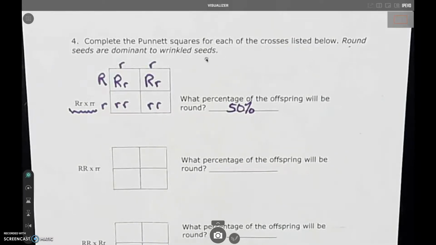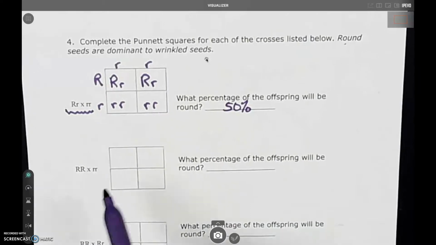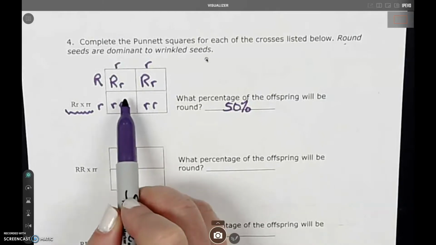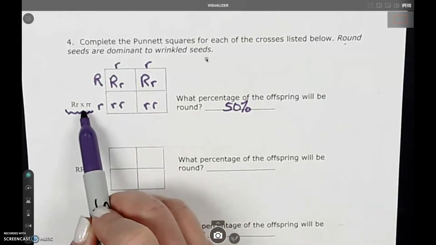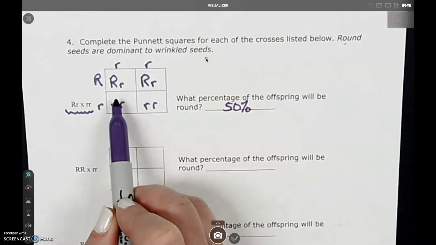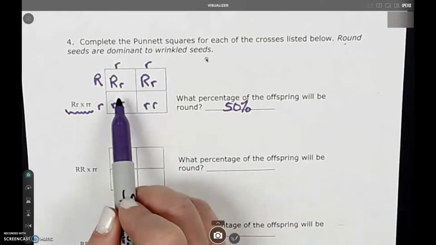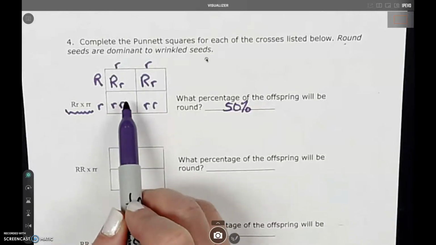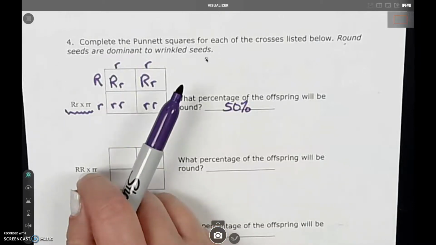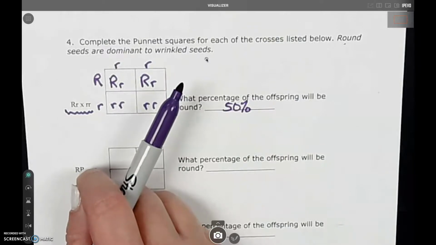Please keep in mind, guys, when you do Punnett squares, it does not mean that every time these 2 plants have another generation, that 50% will be round. Okay? These are not actual offspring. This is your chance per offspring. If I gave you pennies and you started flipping them, over time, we should get close to 50-50 heads and tails.